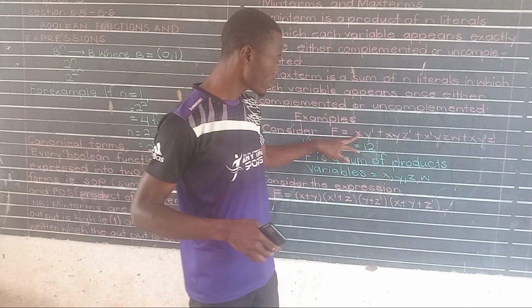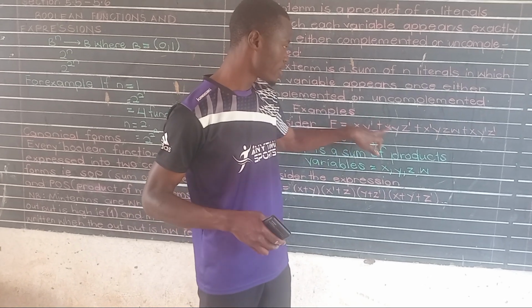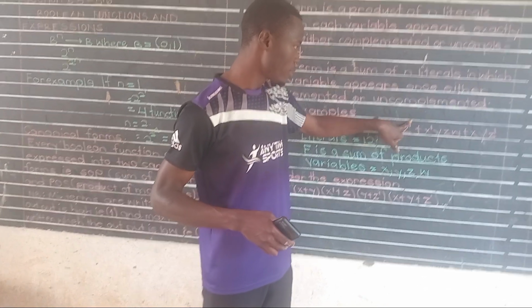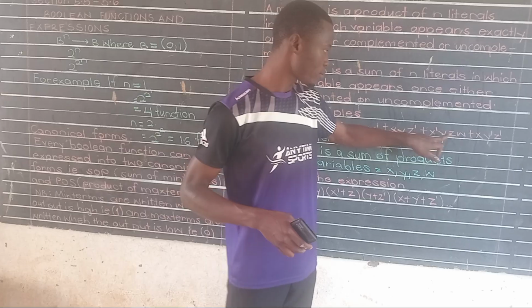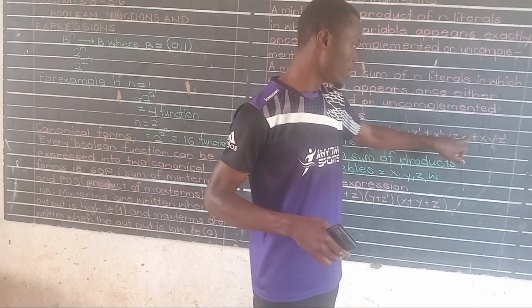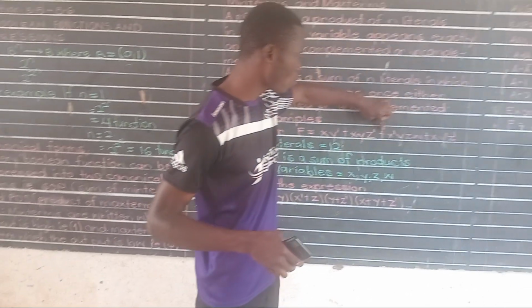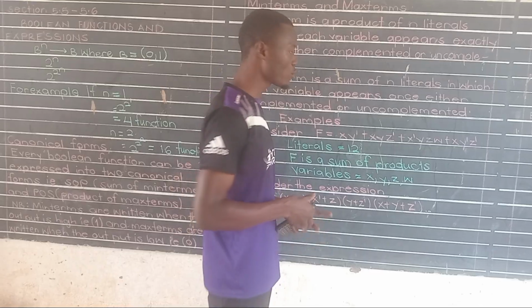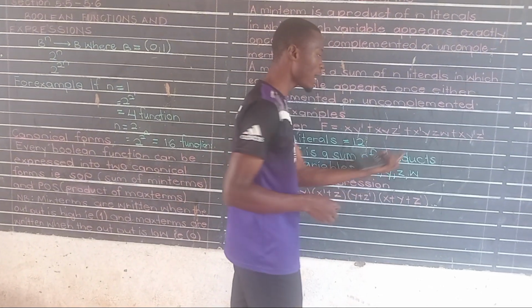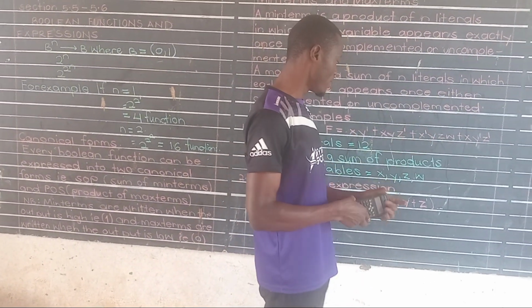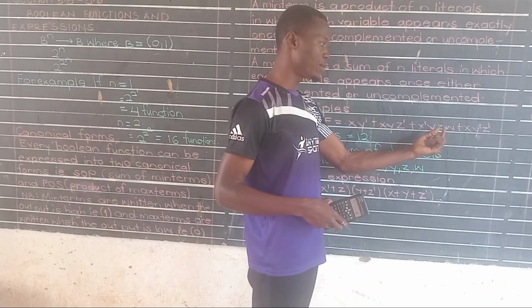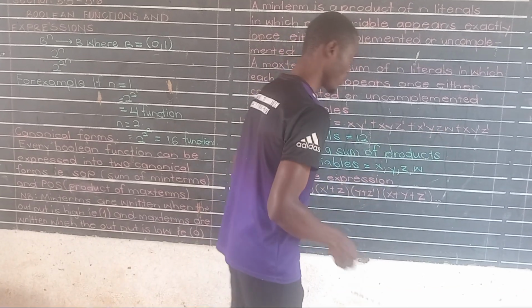Here I have only x and not y. This is x, y, not z. This is x, not x, y, z, w, implying that this one will be the min term. I'm taking this one as the min term because it has all the variables included: x, y, z, w.